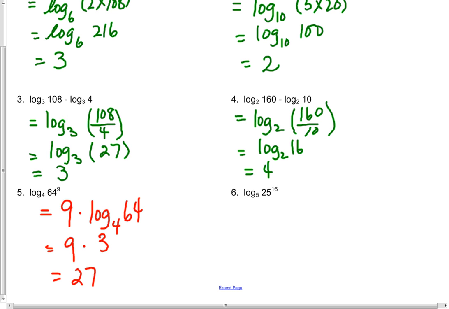Log base 5 of 25 to the 16. So with my rules of logs, I can bring down the 16 times log base 5 of 25. Log base 5 of 25 is 2, since 5 squared is 25. I get 32.